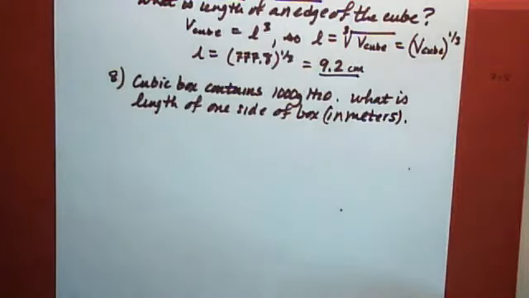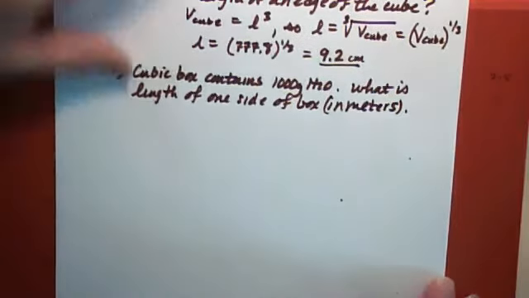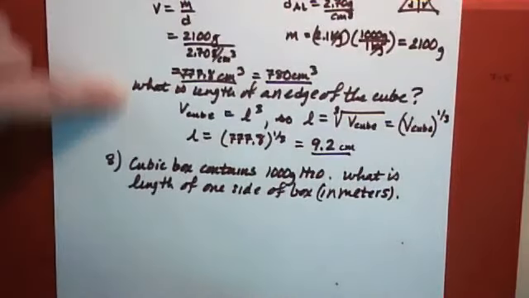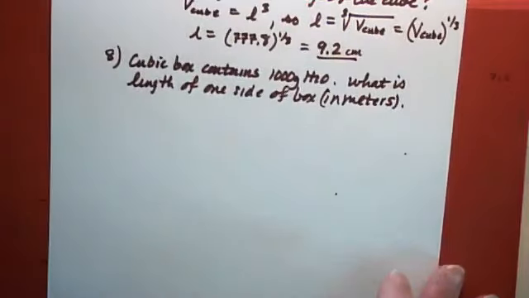Explain your reasoning. Well, the reasoning is going to be pretty similar to what we did up here. We have a cubic box, which means all of the sides are the same, and it contains 1,000 grams of water.